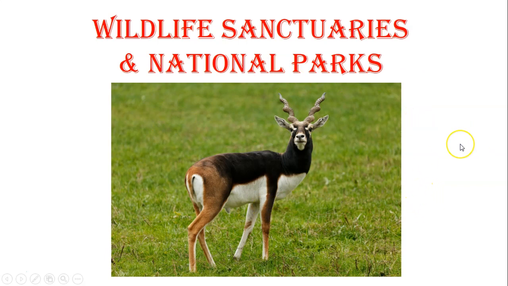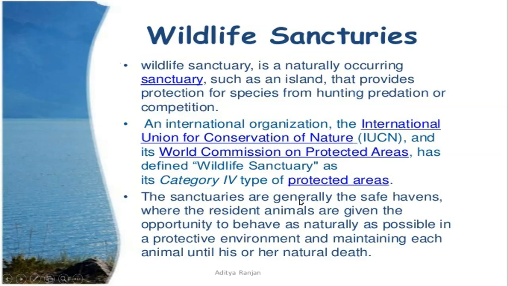Because when you try to think about the difference between them, you could not come to an exact conclusion about them. So first of all, let us understand: a wildlife sanctuary is a naturally occurring sanctuary, such as an island, that provides protection for species from hunting, predation, or competition.